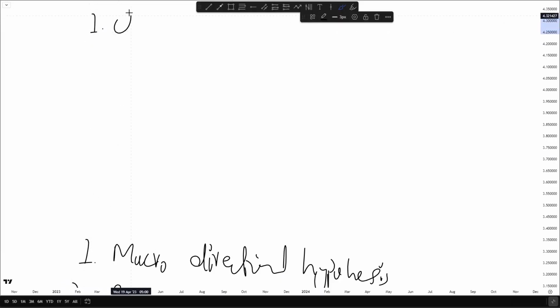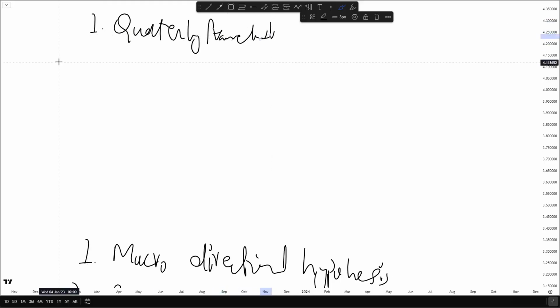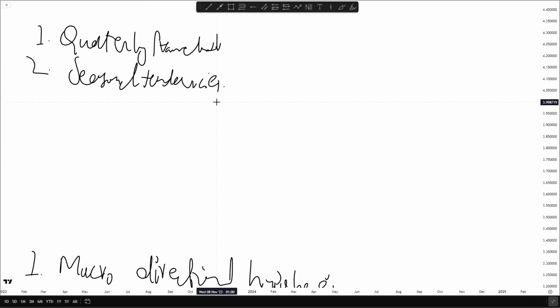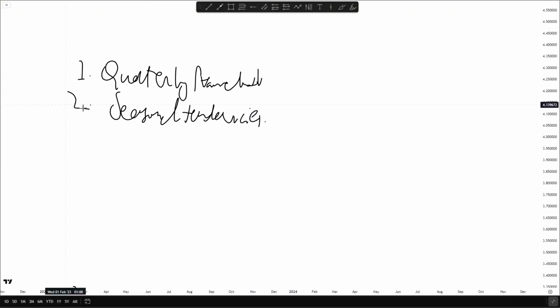Number one, quarterly framework, and number two, seasonal tendencies.